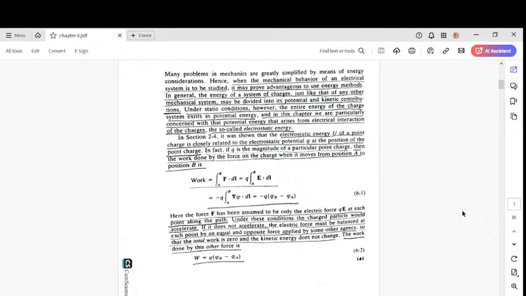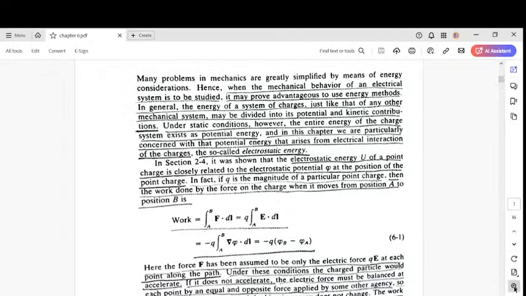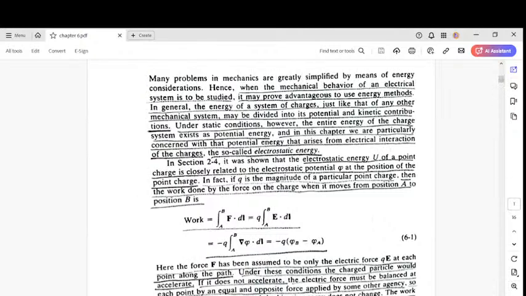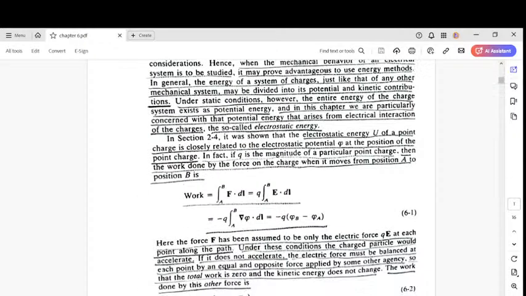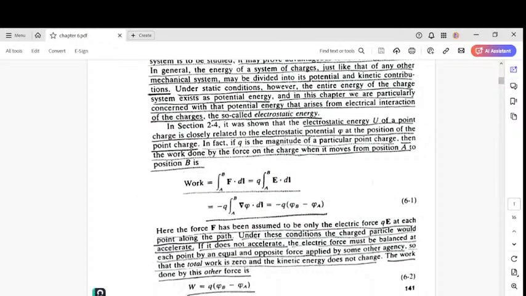And under these conditions, the charged particle would accelerate. If it does not accelerate, the electric force must be balanced at each point by an equal and opposite force applied by some other agency.